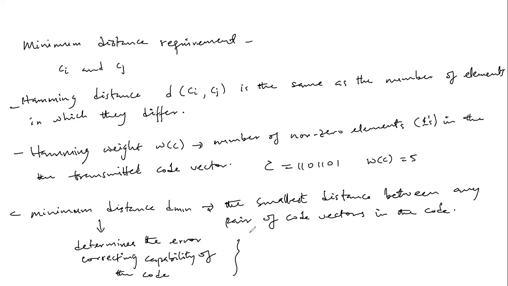Hence, an (n, k) block code can correct all error patterns of weight t or less if and only if the Hamming distance is greater than or equal to 2t plus 1 for all Ci and Cj.